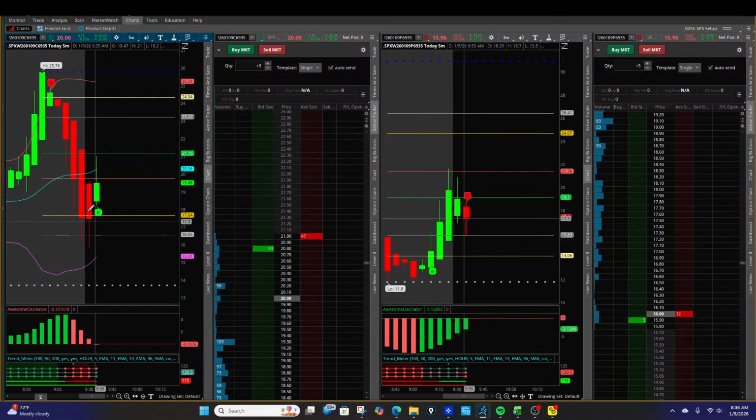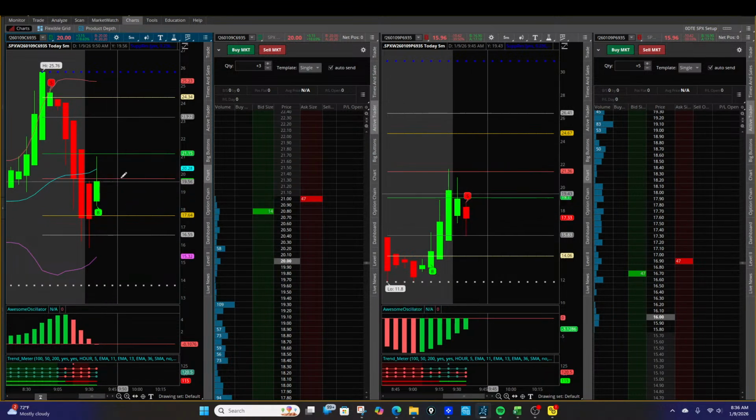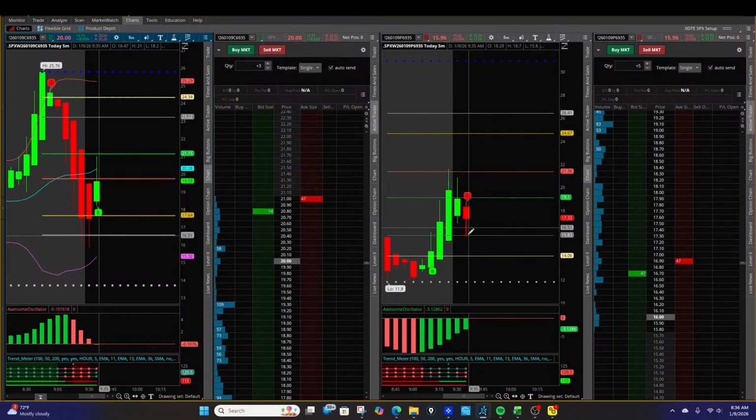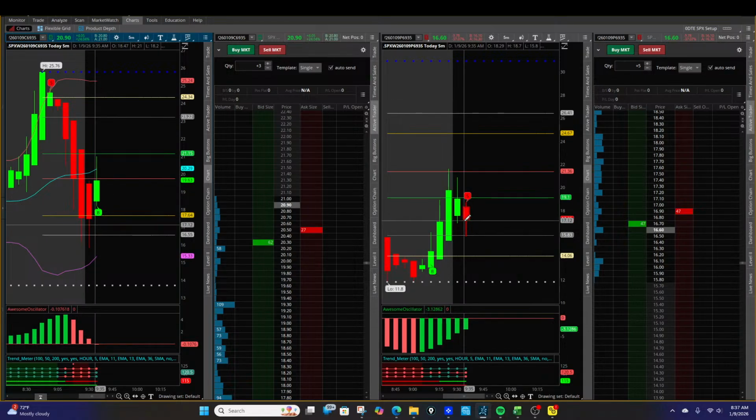And so we look here, and it's touching down on this yellow line and headed upward. Okay, for the support resistance over on puts, it seems to have touched this resistance line. It started to come back down.